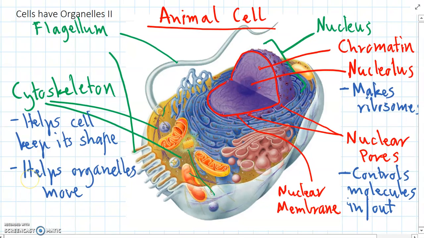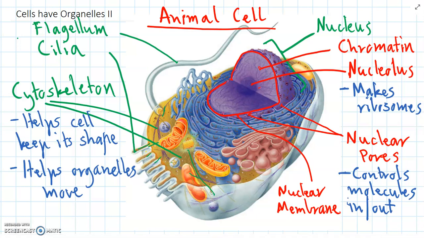Or sometimes other cells will have cilia, which are a lot smaller, almost like fingers coming out of the cell. And they all move together like the Mexican wave going through the stadium, and they can also help the cell move throughout its habitat.